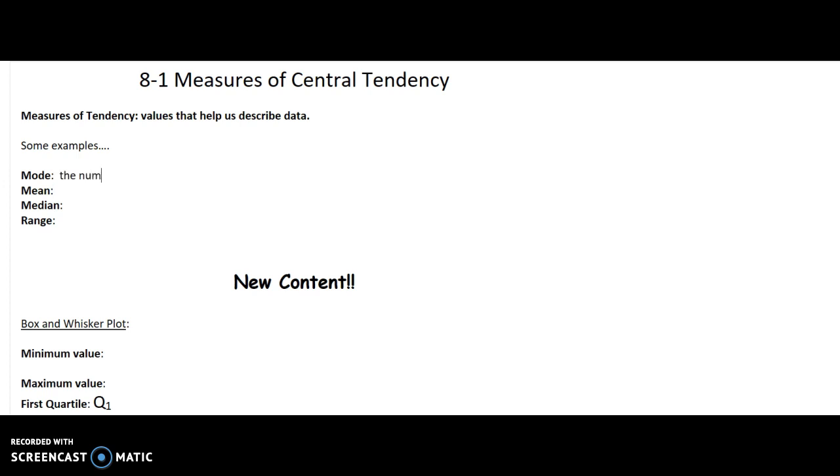Mode is the number in the data that appears the most. So that is what mode means. If we were given a large set of data, the number that we would see the most reoccurring would be the mode. The mean is the average of the data. In other words, we would add up all the numbers and divide by how many there are.